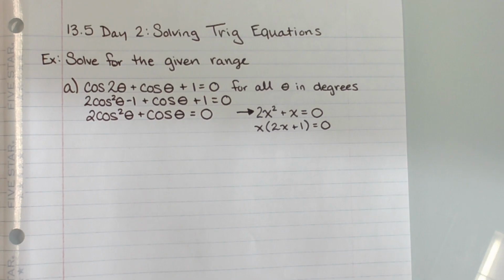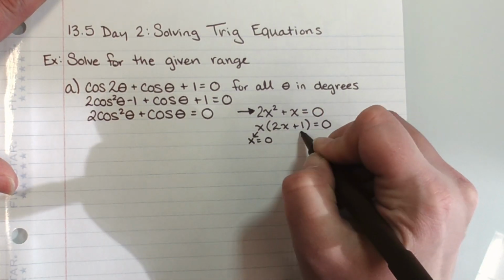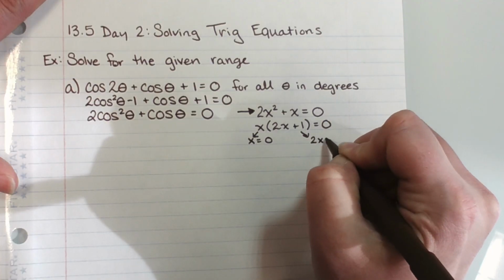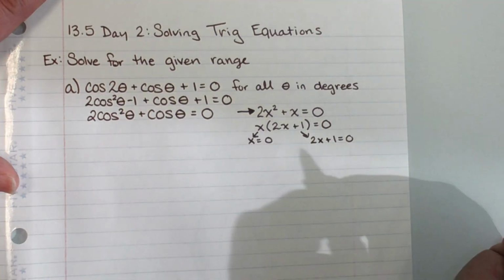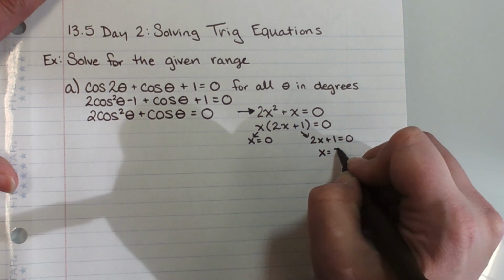Then what? Set the terms equal to 0, because the only way you get things multiplying together and giving you 0 is if you multiplied by 0. I get x equals 0 and x equals subtract 1 divide by 2, negative 1/2.